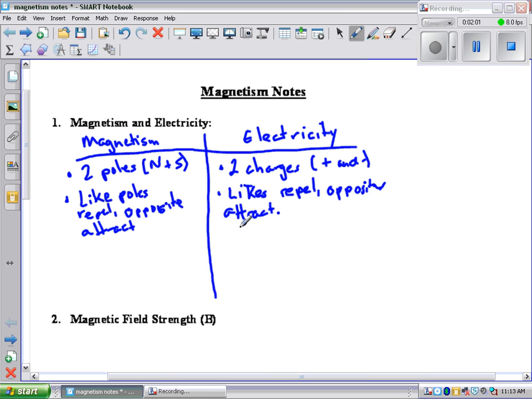Now, we also talk about electric fields. And we learned that electric fields point from north to south, or sorry, from positive to negative.